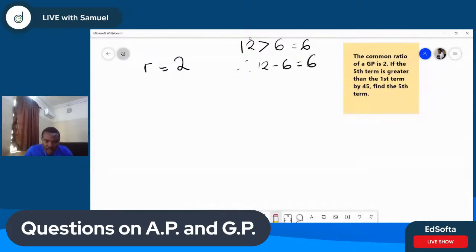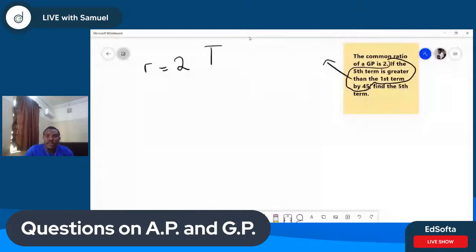That makes sense, right? So the same thing will happen between our fifth term and first term, and this will be simplified as T5 minus A is equal to 45.